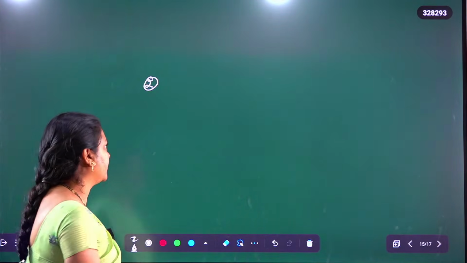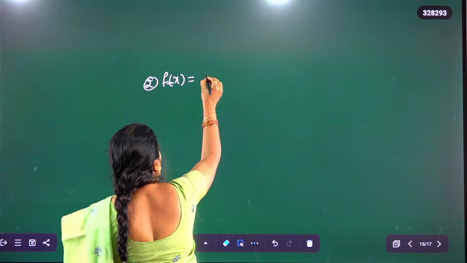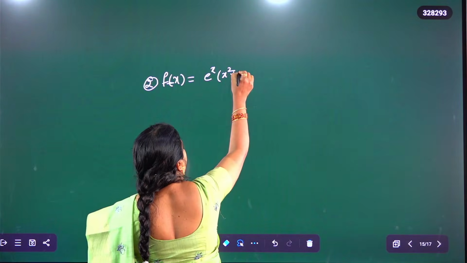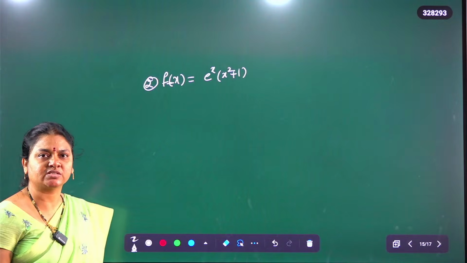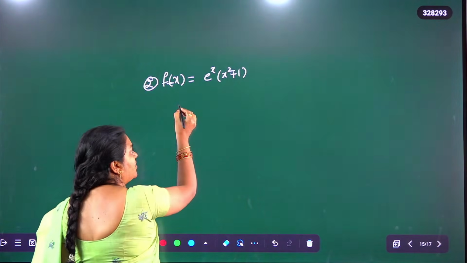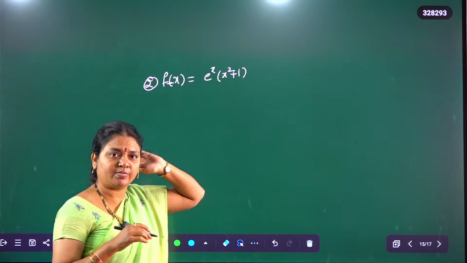F of x is equal to e power x into x square plus 1. Right? So here also we will do it.